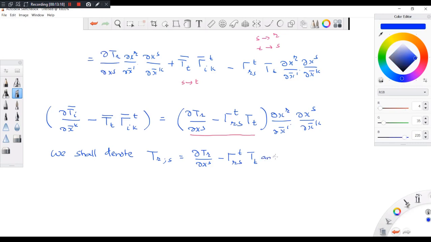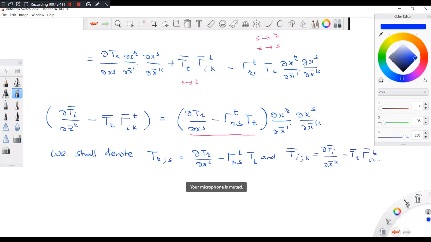And I have the next notation, that is t bar i semicolon k, that is equal to del t bar i by del x bar k minus t bar t gamma bar^t_ik.